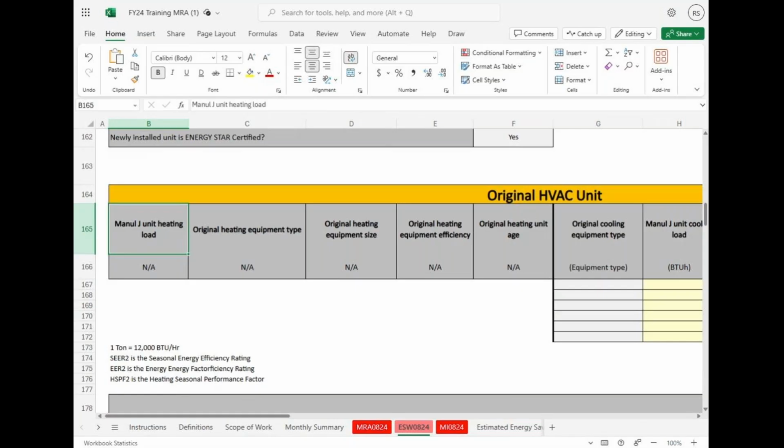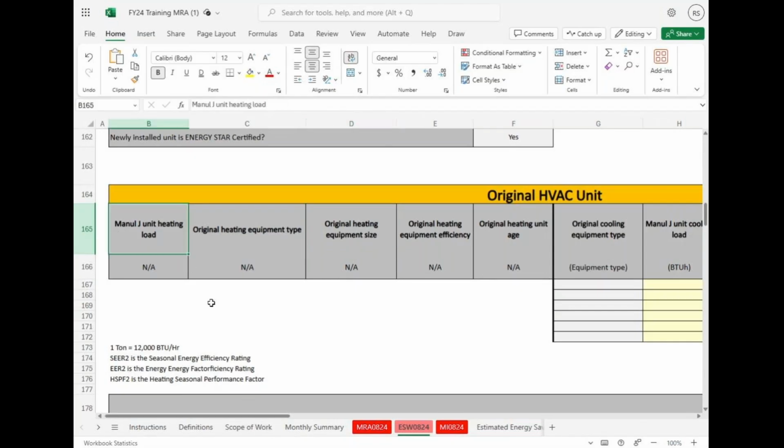And rather than that challenging situation when we don't have the data of what was the cooling capacity before, we're now asking for what's the design heating and cooling load, as well as the original and replacement capacity.